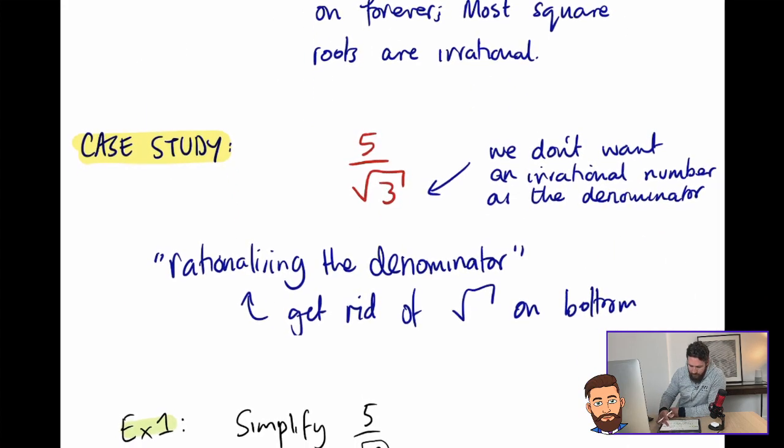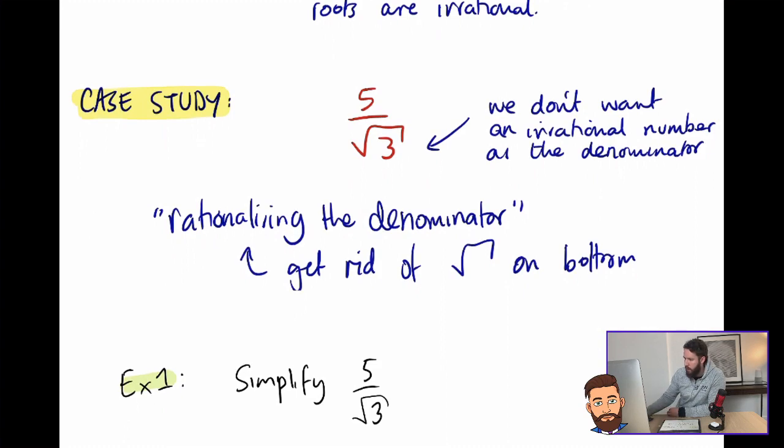So if we look at this case study here, and this is all about what rationalizing the denominator means. If we have 5 over root 3, I should say. The reason that this is a problem that we want to sort in maths is because if we just discuss that root 3 is a decimal, we really don't want to be dividing by an irrational number.